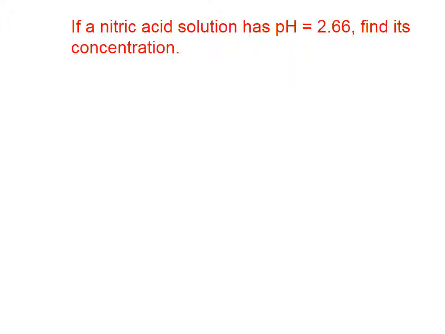Let's try one more. If a nitric acid solution has pH 2.66, find its concentration. Again, if we don't write this down, that's one thing, but we certainly have to think, oh, nitric acid is HNO3, it ionizes 100% to H+ and NO3-. And what we're asked is, what's the concentration of the HNO3?